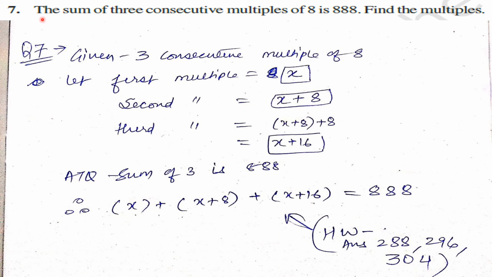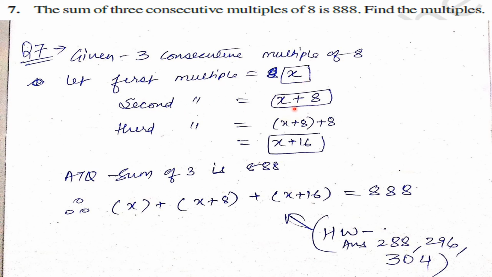Now see how to assume. Again, see the sum of three consecutive multiples of 8. This part, three consecutive multiples of 8, will help us to assume the numbers. And this part, the sum of these is 888, will help us to form the equation. So let's see. The first multiple I have assumed as x.